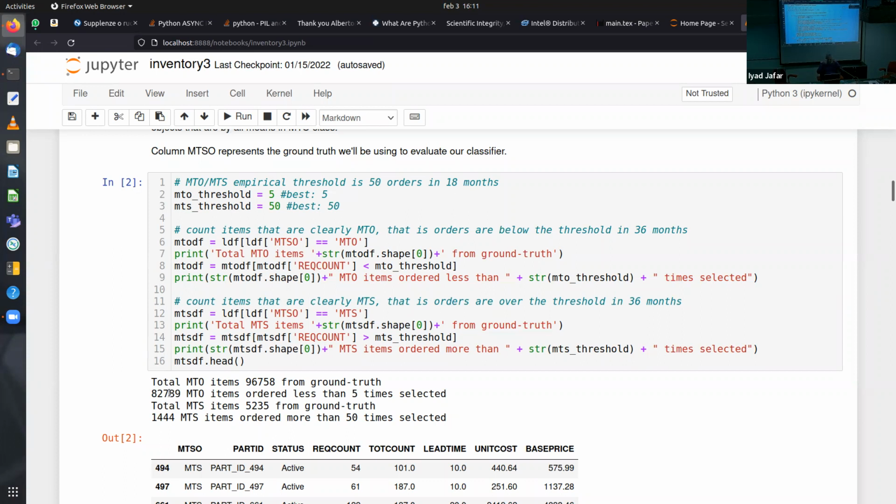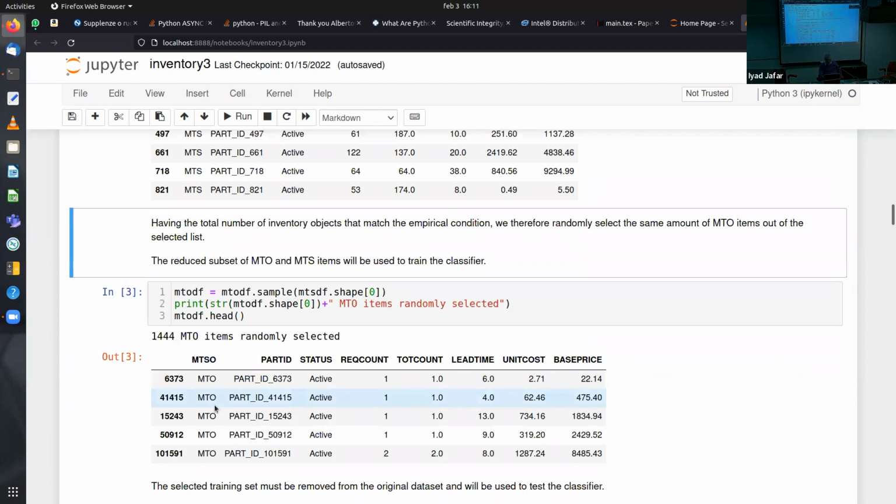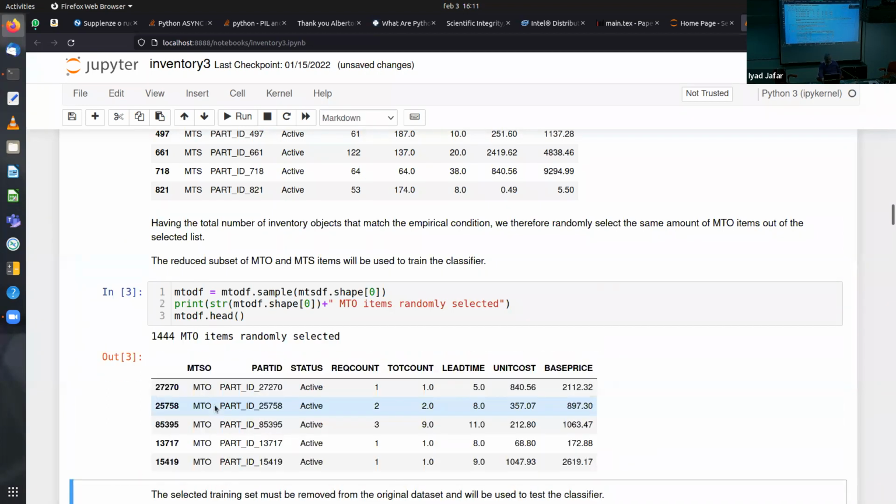So what we did in this case is that we select those 1,444 items from the MTO. So an equal number of items out of the 83,000 that we have in MTO.